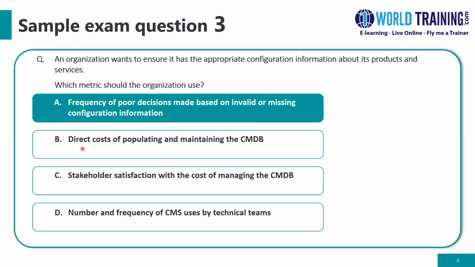Option B, the direct costs of populating and maintaining the CMDB, is associated with the PSF, ensuring that the costs of providing configuration management are continually optimized. Then option C is related to the same PSF as in B, and option D also is associated with the same PSF as in B and C.